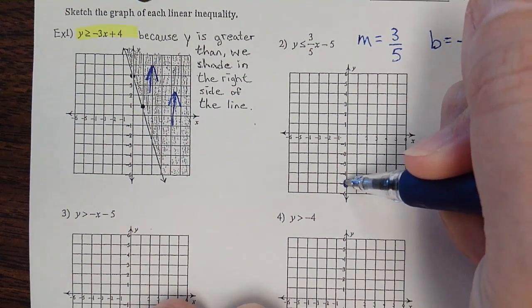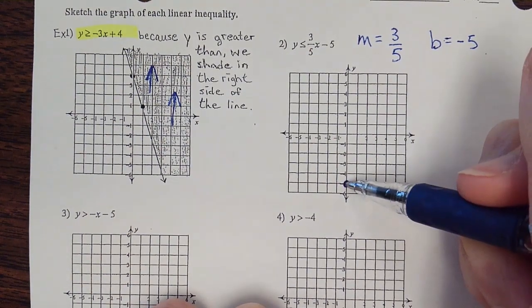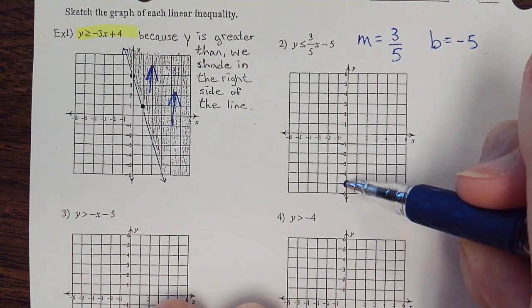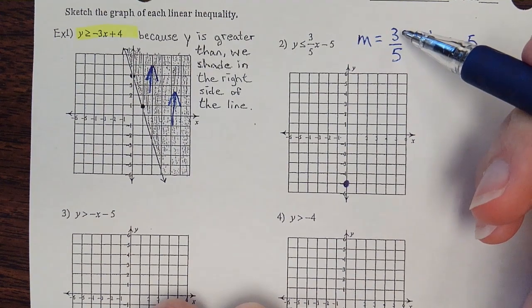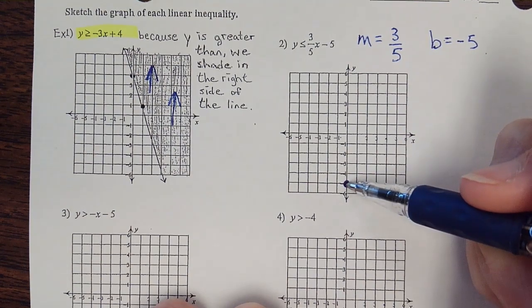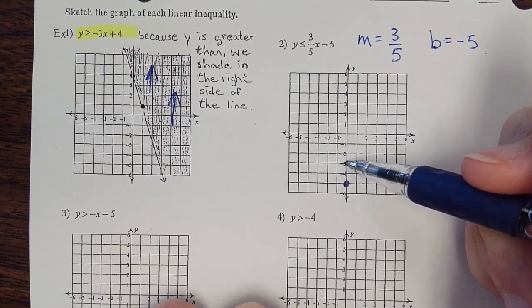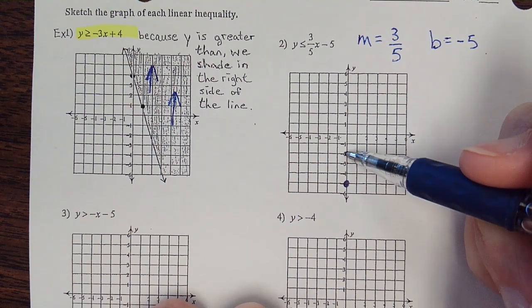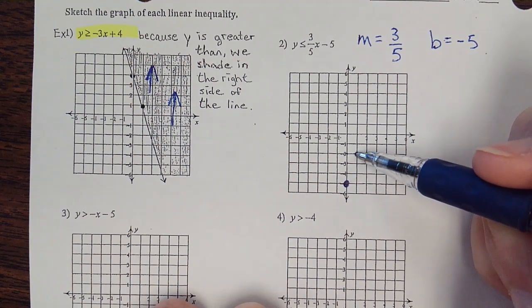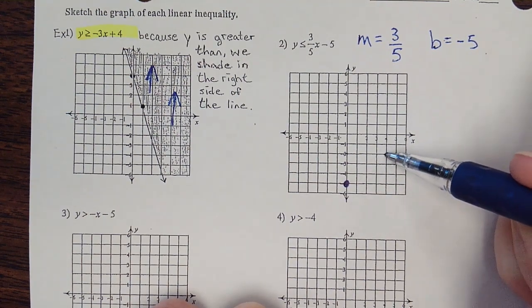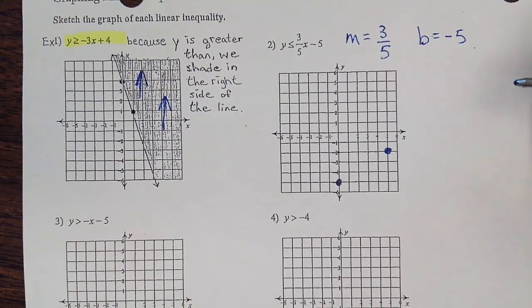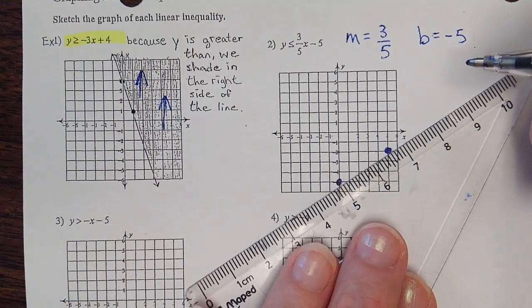Perfect. Right here. And then from there, I'm going to do my slope, which is rise 3. So 1, 2, 3. And then go over to the right 5. 1, 2, 3, 4, 5. Okay. And I draw my line.